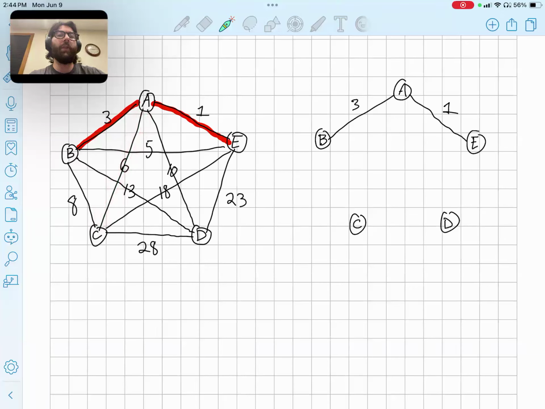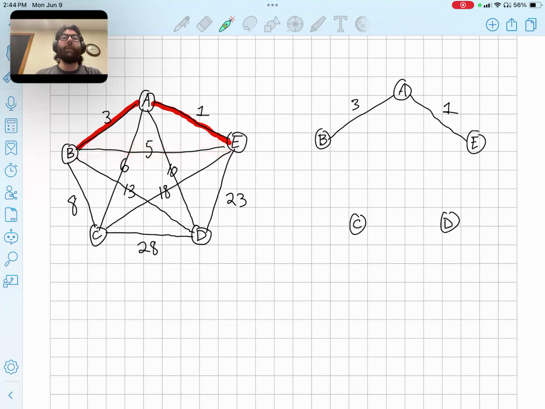And I know these numbers are getting a little cramped. I'm going to try to write the numbers on the inside so that it crosses one of these lines. So the fact that this 5 crosses this BE edge means that that's the weight associated to that. So I can't draw any other edges connected to A. And similarly, I can't close off this circuit, BE, because I can't have any partial circuits.